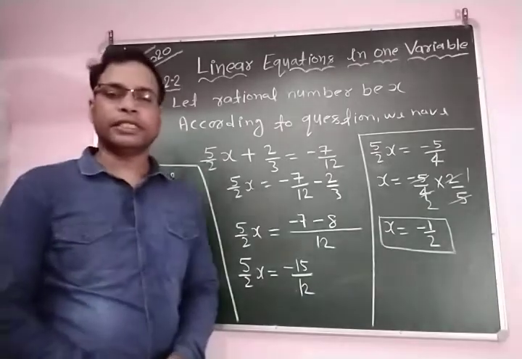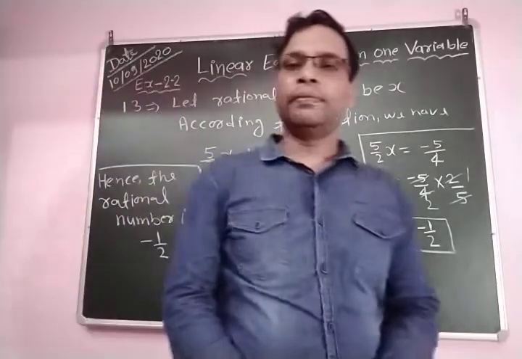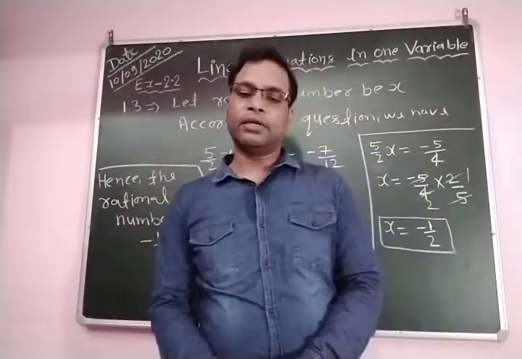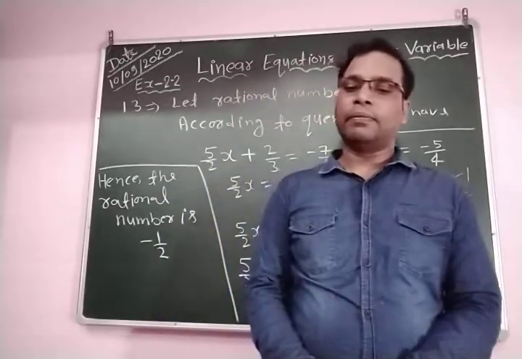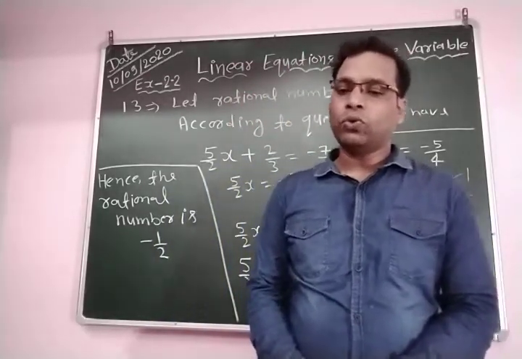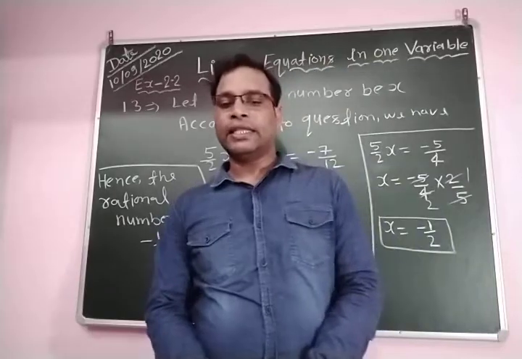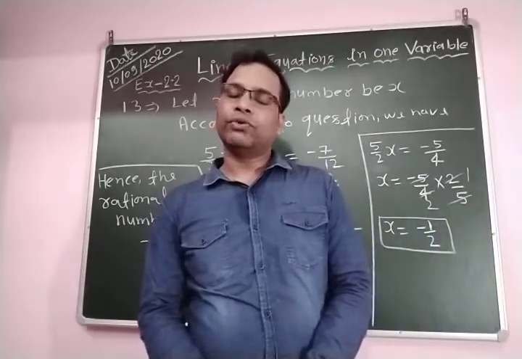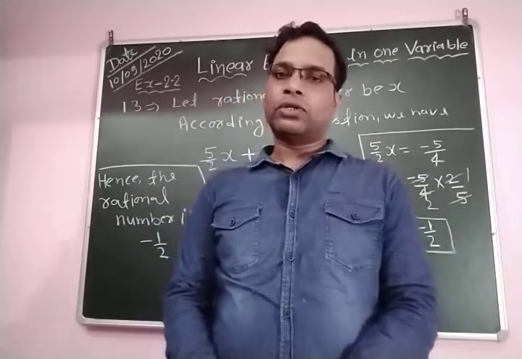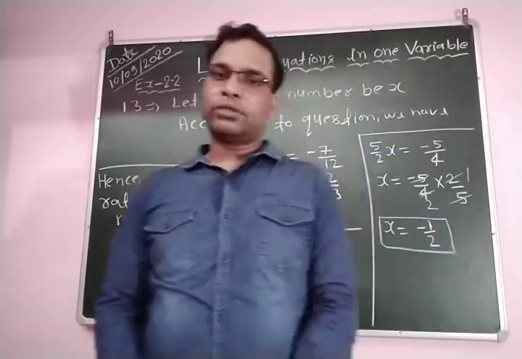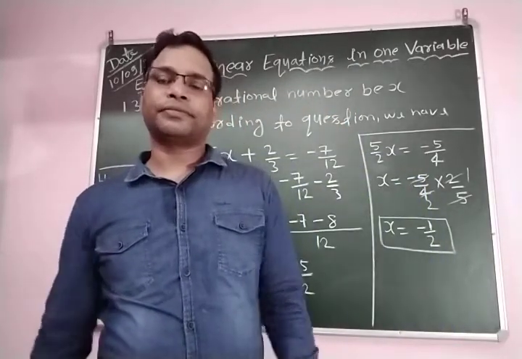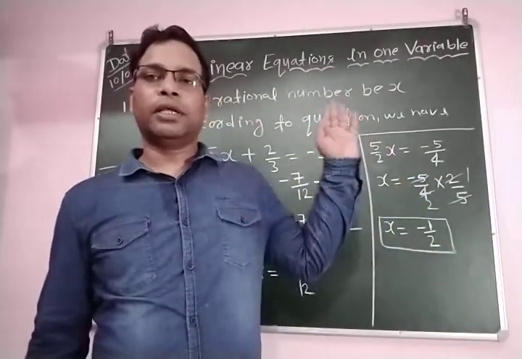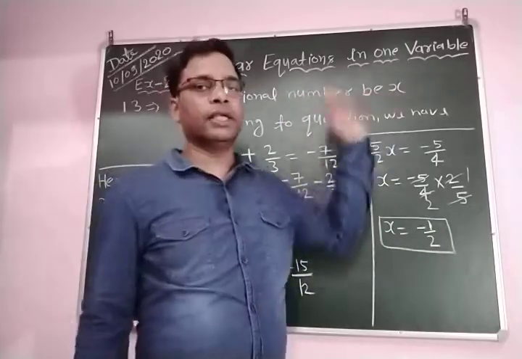In this question, it is given that a rational number is such that when we multiply it by 5 by 2 and add 2 by 3 to the product, we get minus 7 by 12. So what is the rational number? For this, first we let the rational number be x.